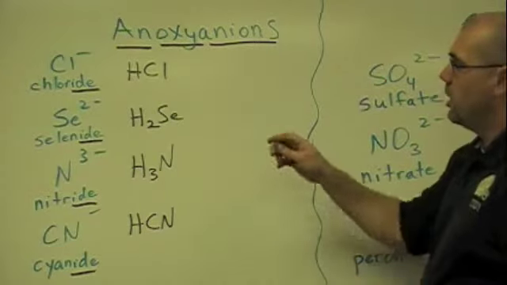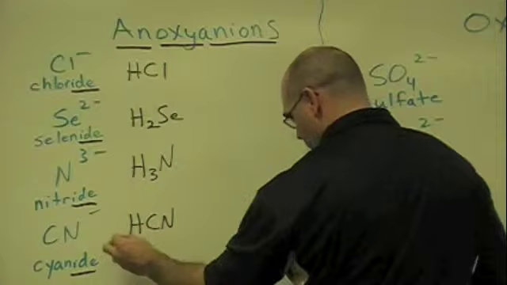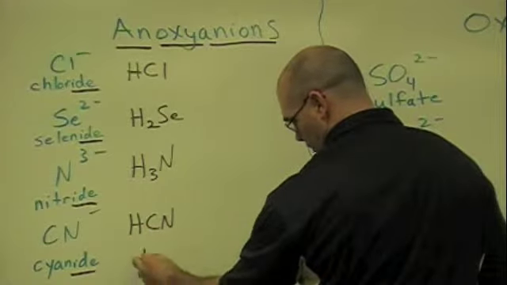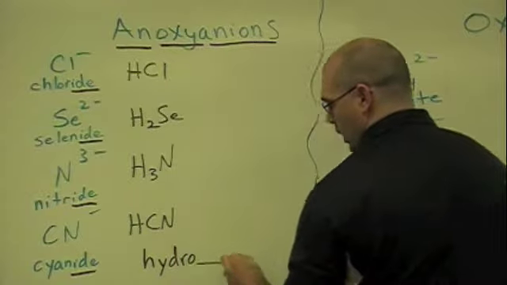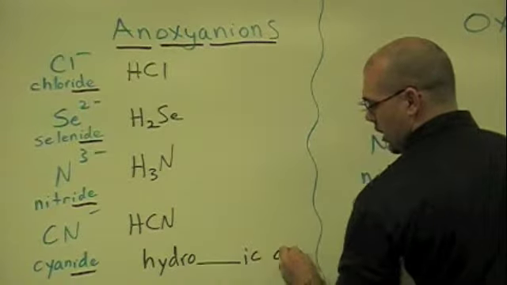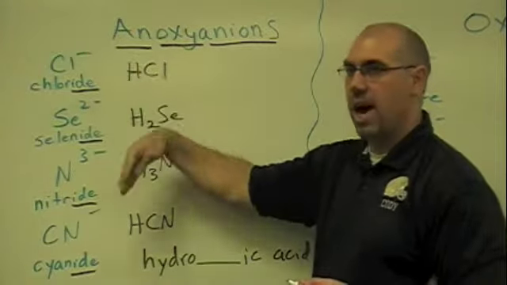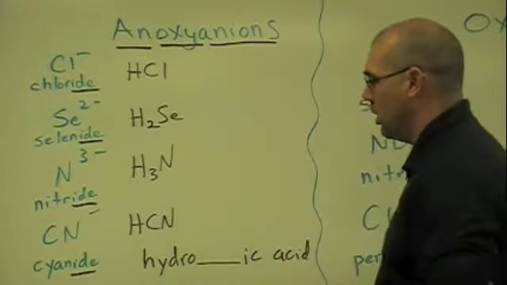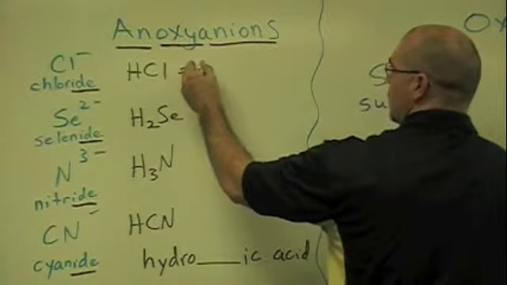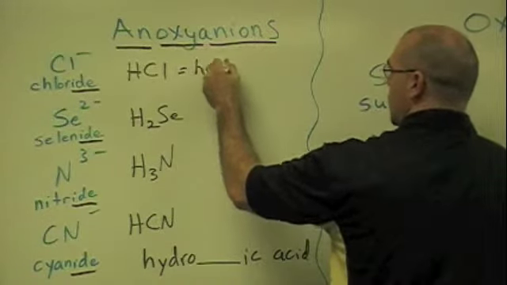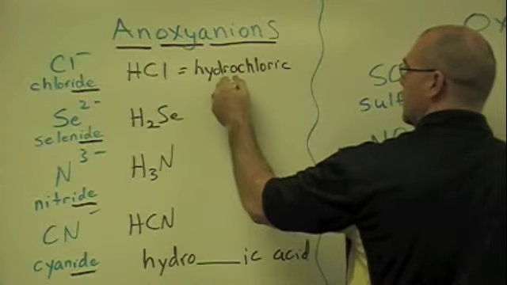Now when we name these, the pattern is that if you have no O, you become a hydro blank ic acid. You fill in the blank with the root of its name. The ide is gone, and now we plug in the rest of its name. So we should recognize this one anyway as hydrochloric acid.